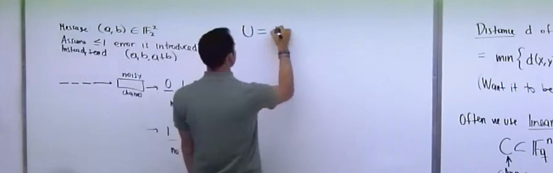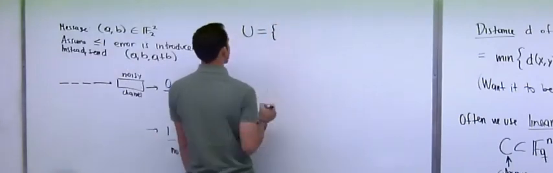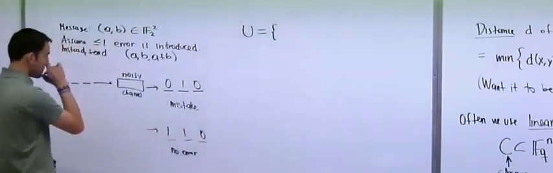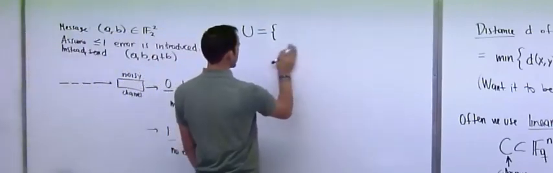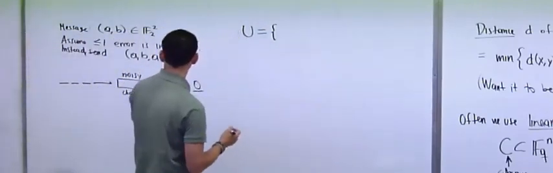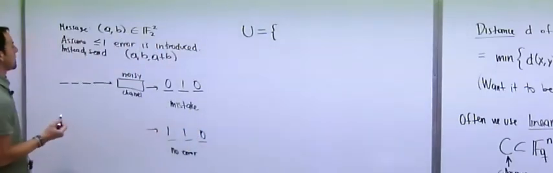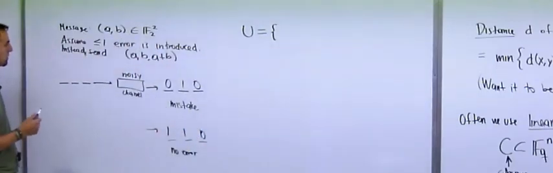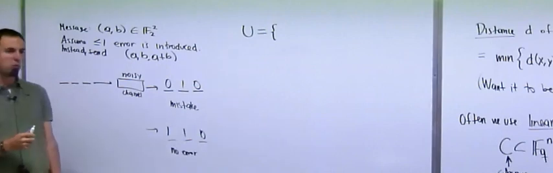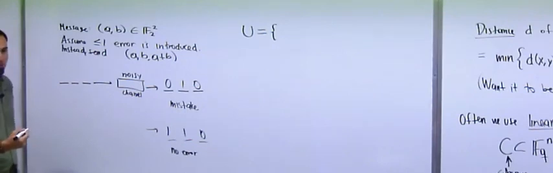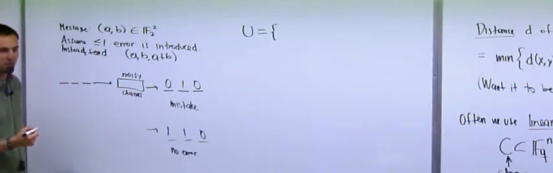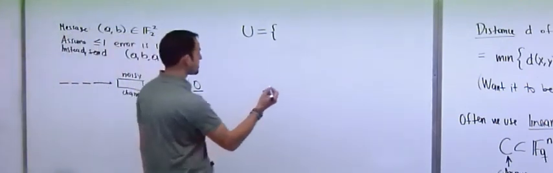Well, basically, let's think about this code in several different ways. First of all, how many words are in this code? 4. 4? Why 4? 0, 0, 0, 1, 1, 0, 1, 1.